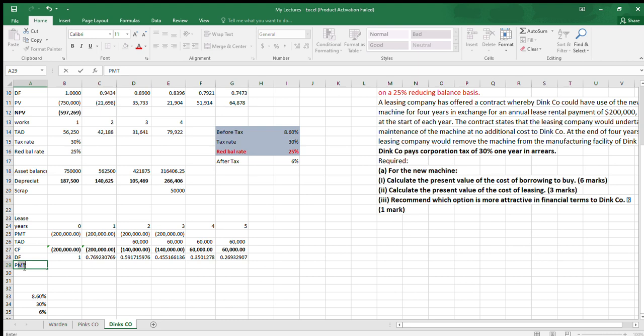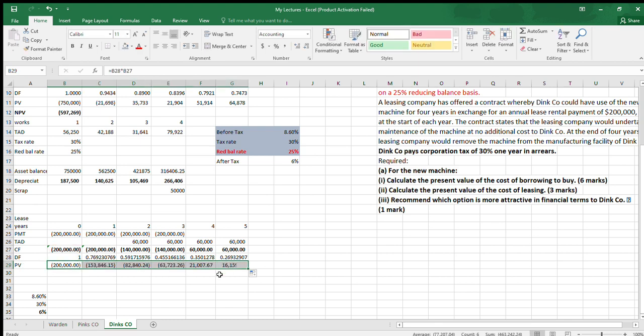So present values: discount factor multiplying cash flow. So your NPV is equal to the sum of everything here. And mind you, everything is supposed to be negative.